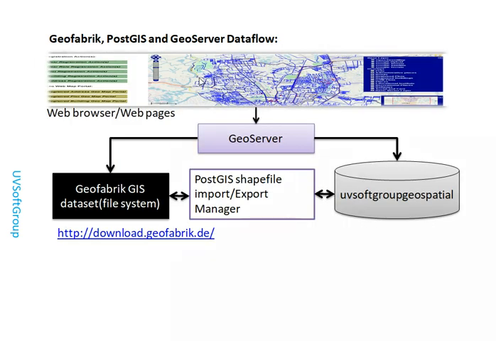Here is a really short overview of how our complete application works. You see that we have the GeoFabrik GIS database. This is basically all the shapefiles, and it is open source. You can download any part of the world, any country in the world.